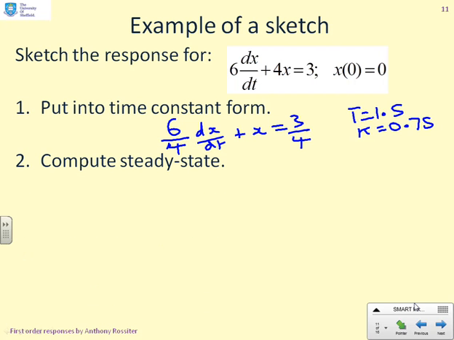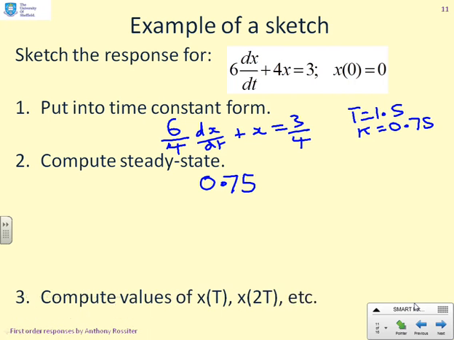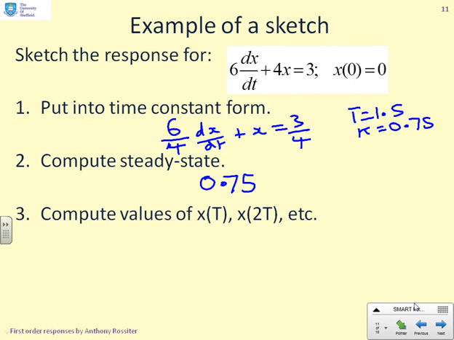We can compute the steady state. Well, in this case it's already done because we can see the right hand side is 0.75, so I'm just going to write it straight down, 0.75. Finally, we compute the values of x of T, x of 2T, and so on.